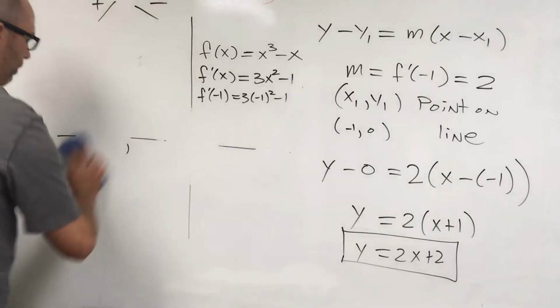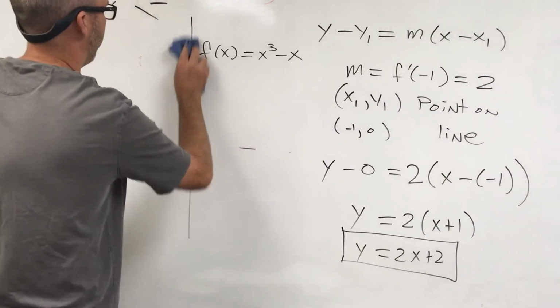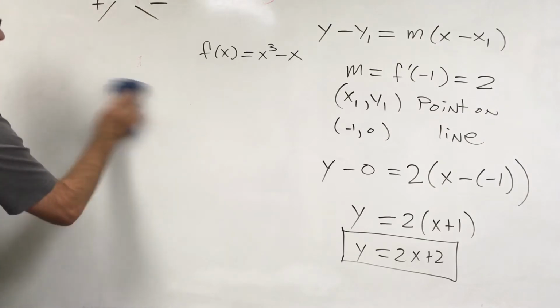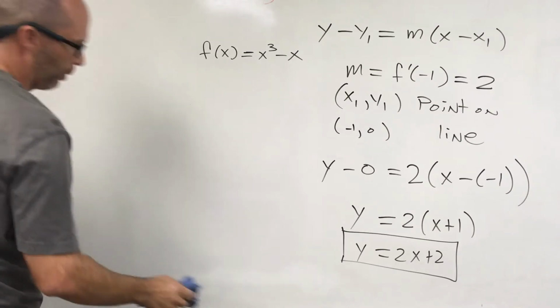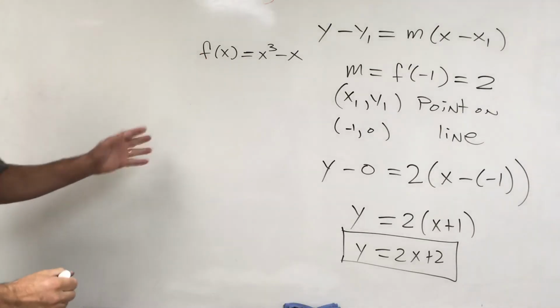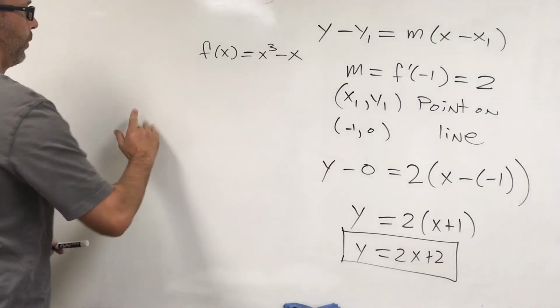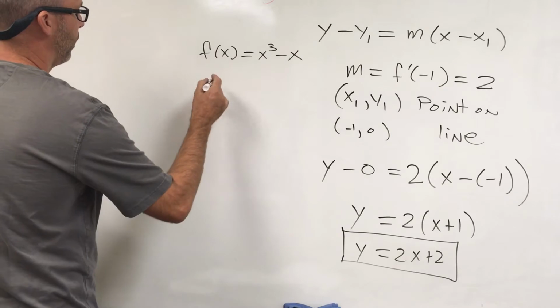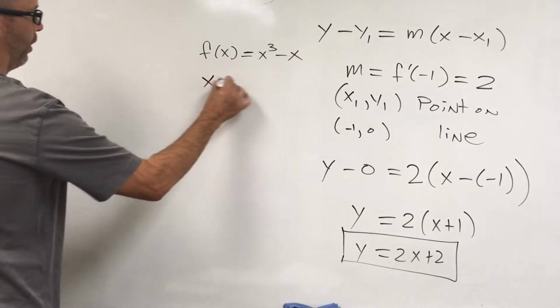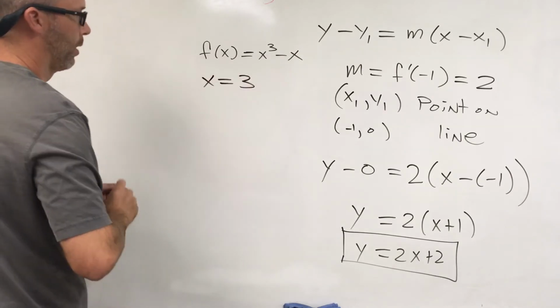Okay, now let's say that we want to find the slope of the tangent line, or no, I mean the actual equation of the tangent line at let's say x equals 3.